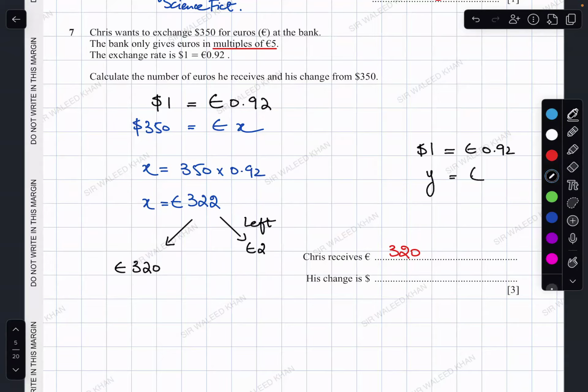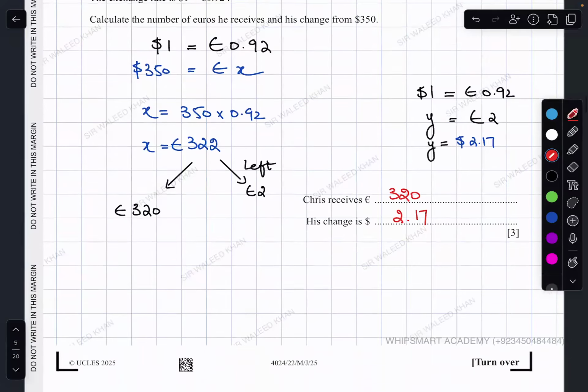This will be y is equal to 2 over 0.92. That is 2.17. So the change is $2.17. Is that clear? Abhishek, is that clear? Yes, sir. Okay.